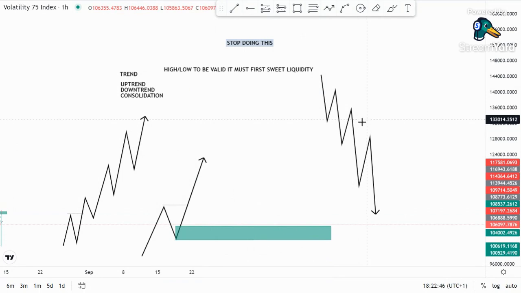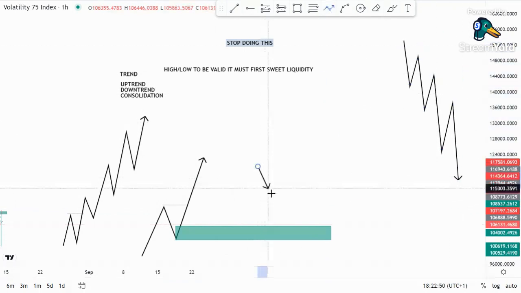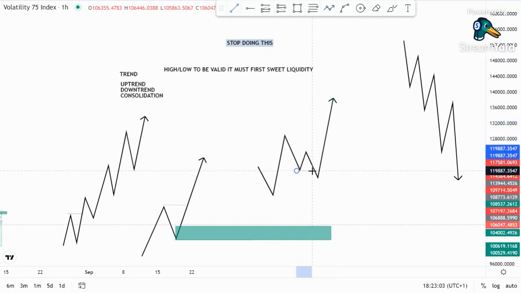But when you see that the market gives you something like this before the break of structure, this is the kind of trade you want to be taking. I'll show you examples.